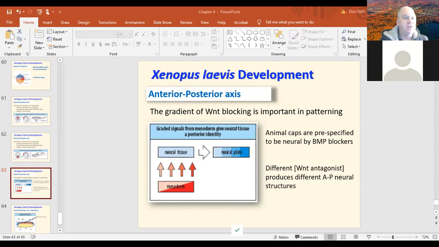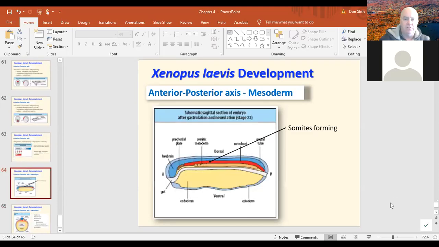Mesoderm patterning. Okay, so now we've talked about the anterior posterior of the neural tube, but if you go dorsal ventral in the mesoderm, we've also patterned that at the same time during neurulation. That's shown here where from anterior to posterior, you start getting this somite formation.